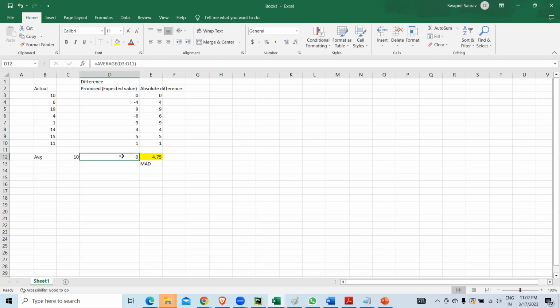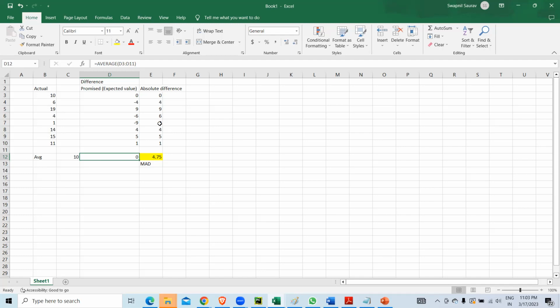Early is also 1, late is also 1. So this is probably the correct way to represent it. Since we have different values, but I need to know the process, not individual values, about the process you have to take the average of it and you get 4.75. That's the average value. So you say mean absolute difference.